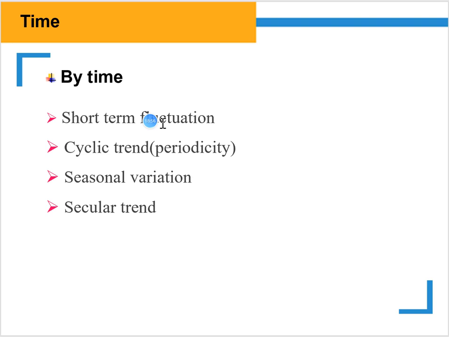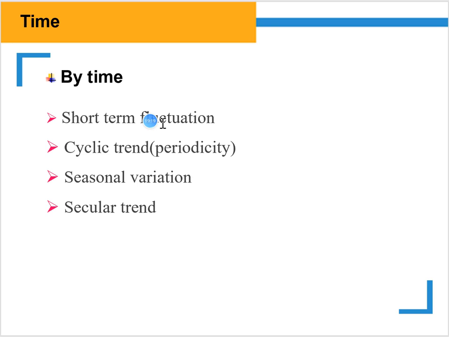Distribution of disease by time. By time refers to the distribution of given disease by hours, days, weeks, months, years, or even by decades. From the description, it will reveal the temporal patterns of the disease.